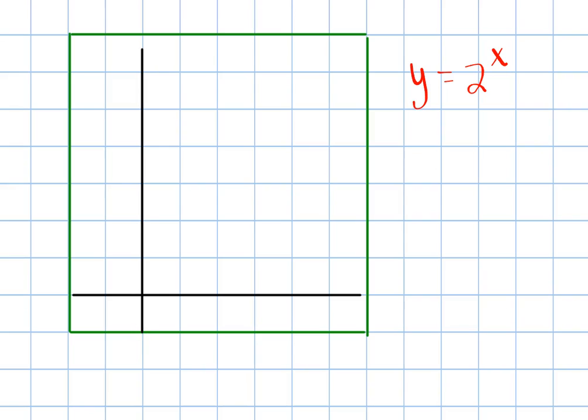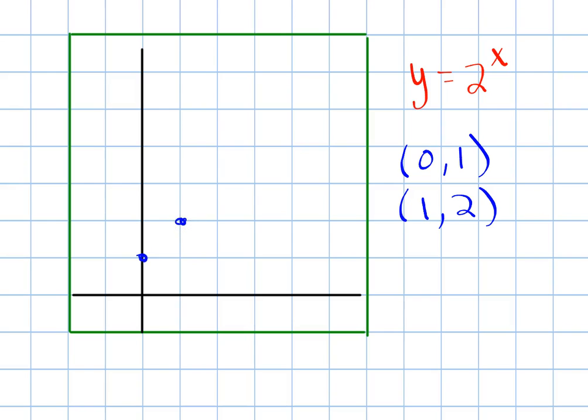So that's where you get to choose where they go, and you need to think about what you want to determine. What 2 points do I know are going to be on this graph? 0, 1 is right here, and 1, 2 is right here.